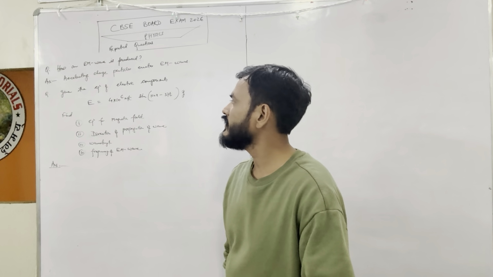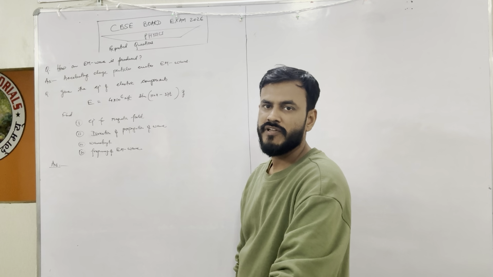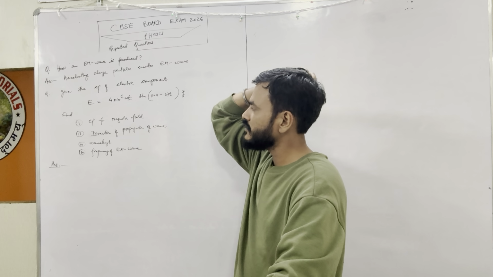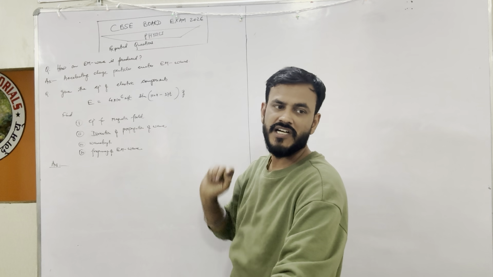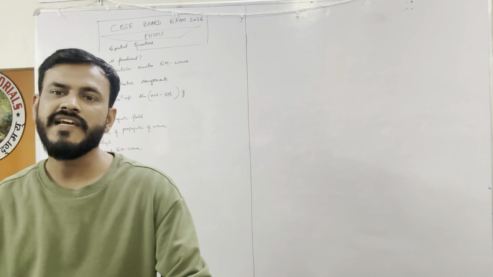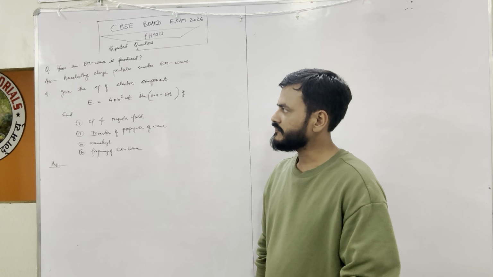Move to another equally important question from electromagnetic waves. The question is how an EM wave is produced. The answer is that an accelerating charged particle will create an electromagnetic wave. Any accelerating charged particle creates electromagnetic waves.